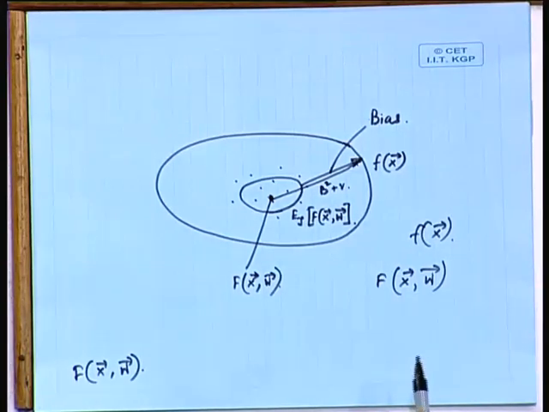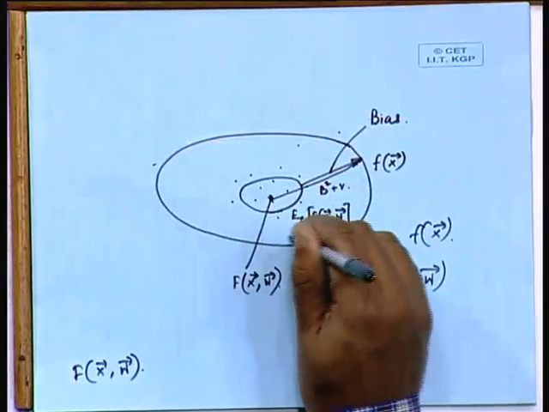Just simply see that supposing we have got just a few training samples with us, and supposing we have got one realization here, one here, one here, one here.